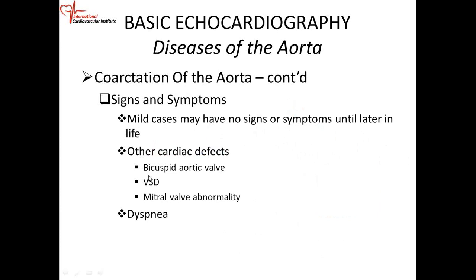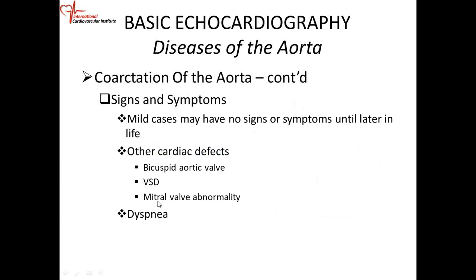Coarctation of the aorta is fairly common in patients with bicuspid aortic valve. If you see someone with bicuspid aortic valve, you have to look for coarctation of the aorta. They go hand in hand. And when you get any tests about bicuspid or coarctation of the aorta, they're going to ask you this. There's an association between coarctation of the aorta and bicuspid aortic valve.